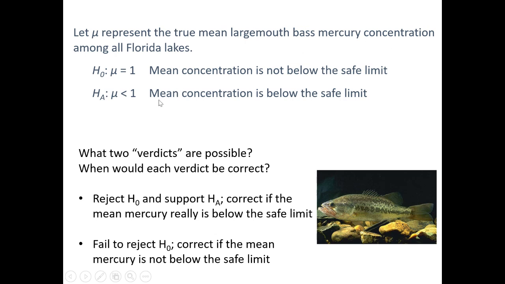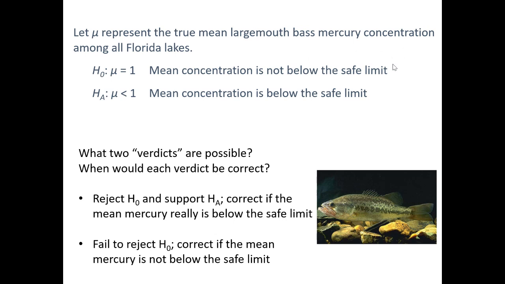So that would be the correct outcome if, in these Florida lakes, the true mean concentration really is below 1. Okay, another possible outcome is that the null hypothesis is not rejected. So that would be the correct thing to do if the mean concentration really wasn't below 1.